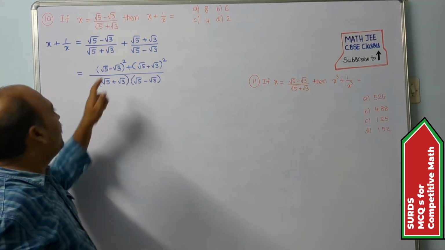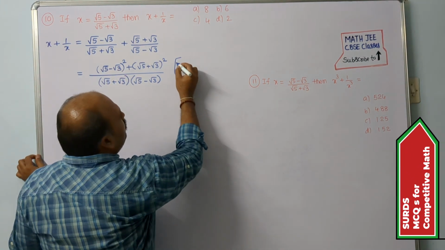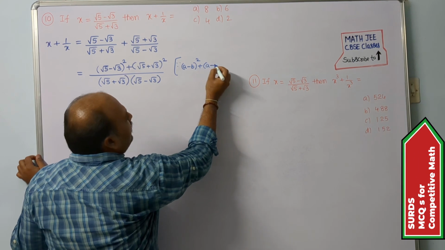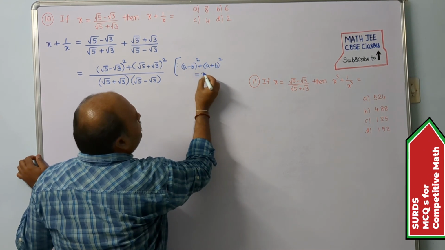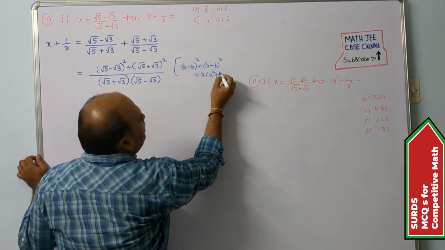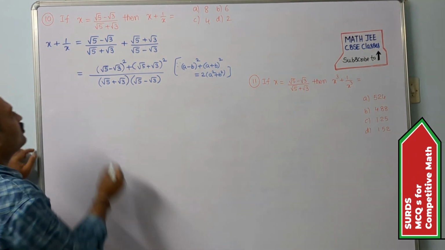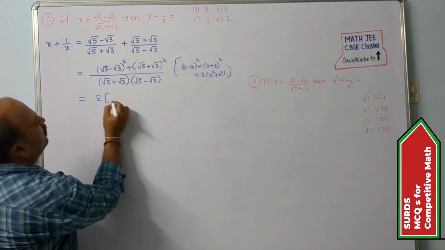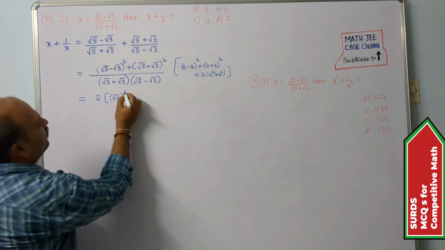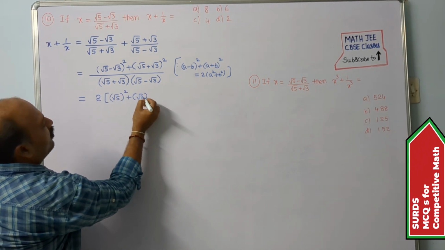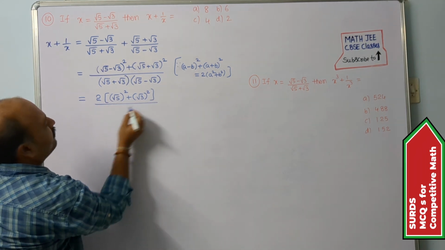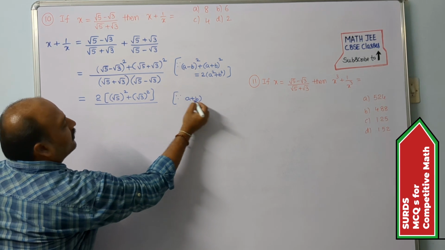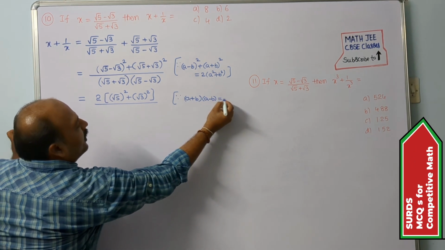We know that (a minus b) whole square plus (a plus b) whole square is equal to 2 into (a square plus b square). I am going to apply this formula, dear students. So which is equal to 2 into (root 5 whole square plus root 3 whole square) divided by (a plus b) into (a minus b), which is a square minus b square.